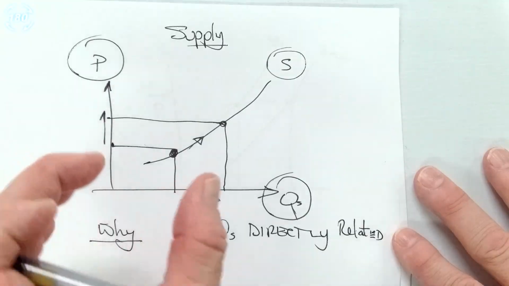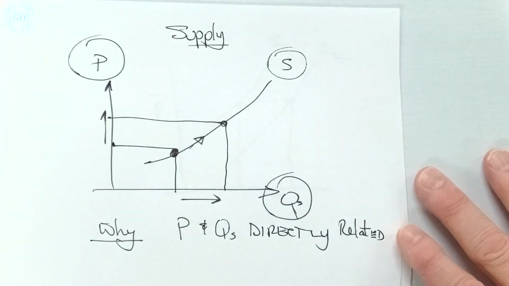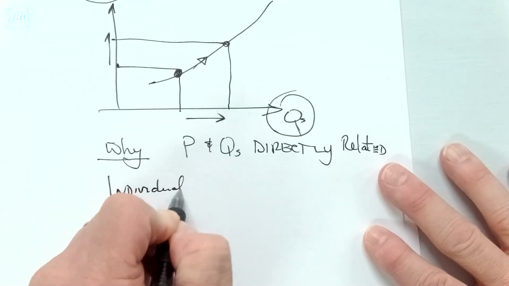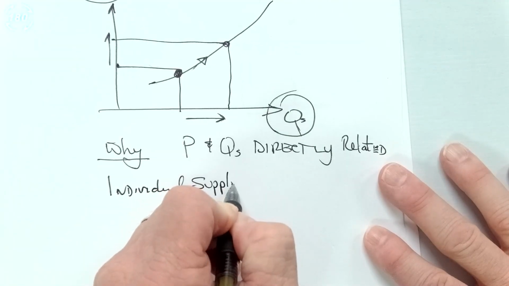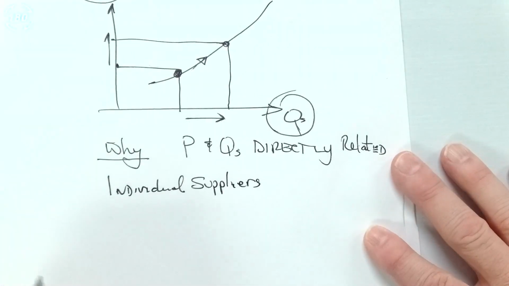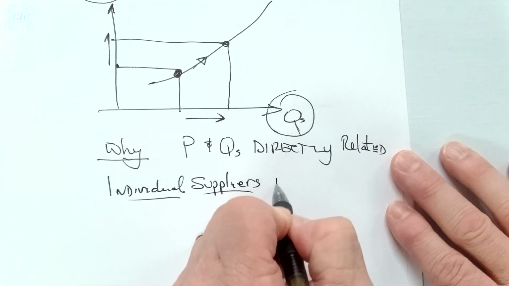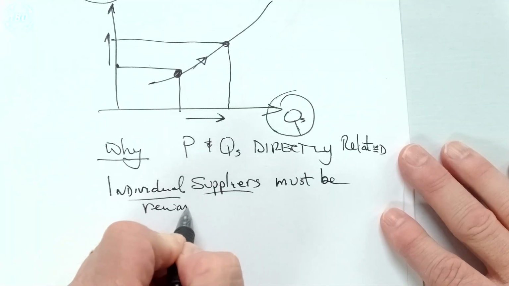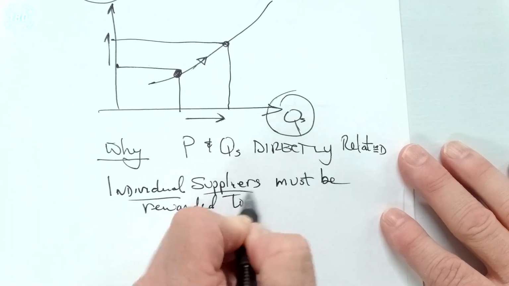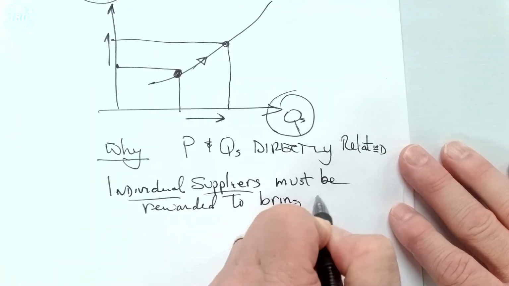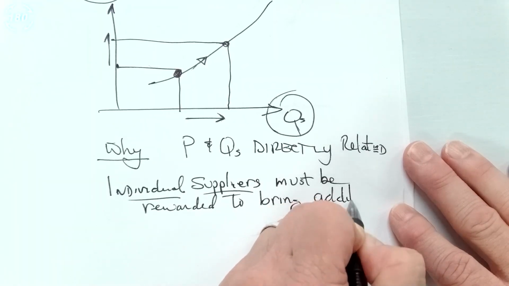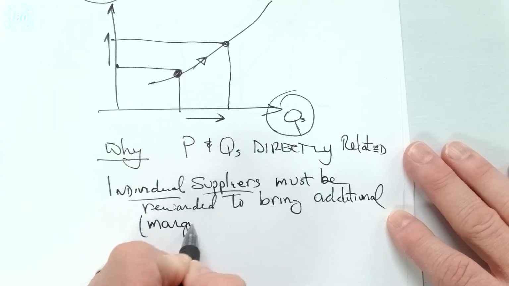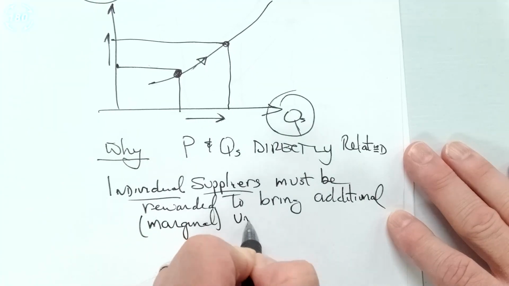When you look at individual suppliers, and we're going to get to this more when we talk about production theory later, individual suppliers must be rewarded somehow to bring additional, and when I say additional here, I mean marginal, okay, marginal units of good to market.